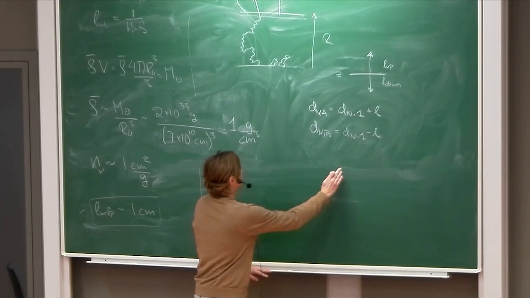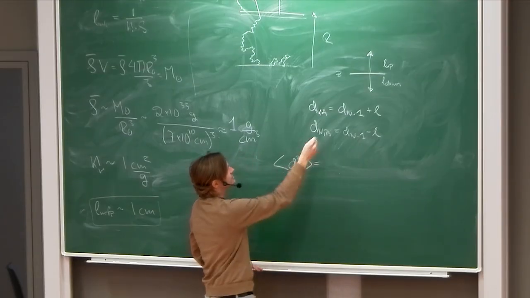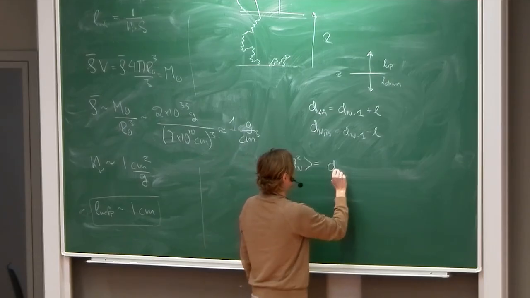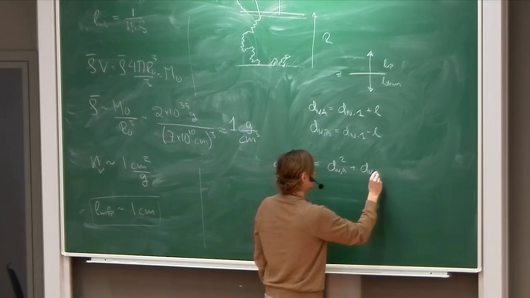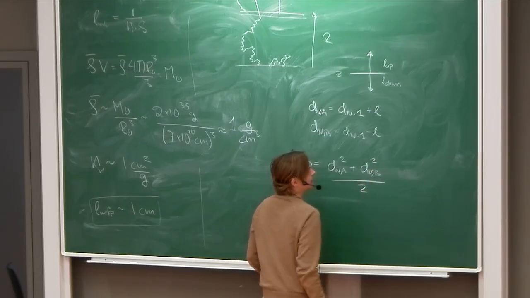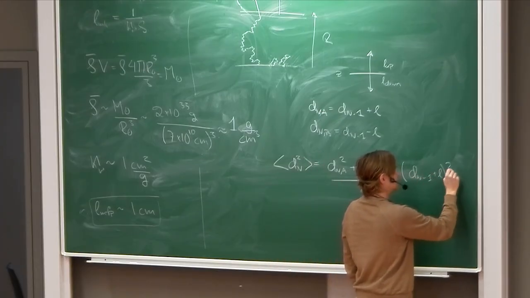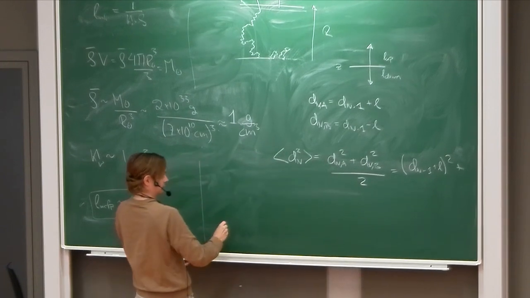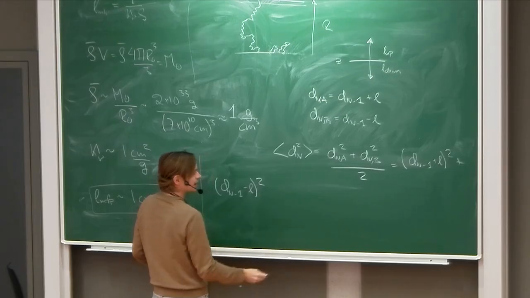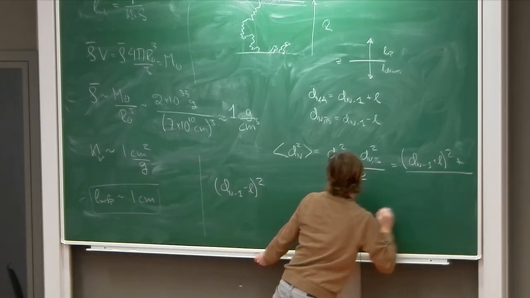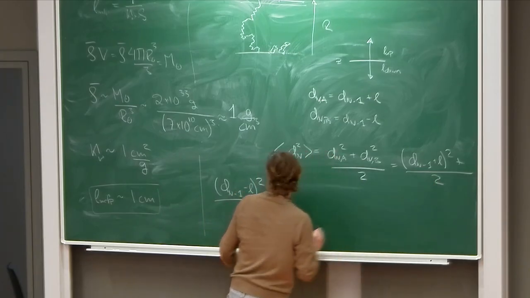Then if we now calculate the mean, this is just going to be the mean squared, right? Divided by 2, which is then just (d_{n-1} plus L) squared plus (d_{n-1} minus L) squared, and then we're going to divide this by a factor of 2, right?